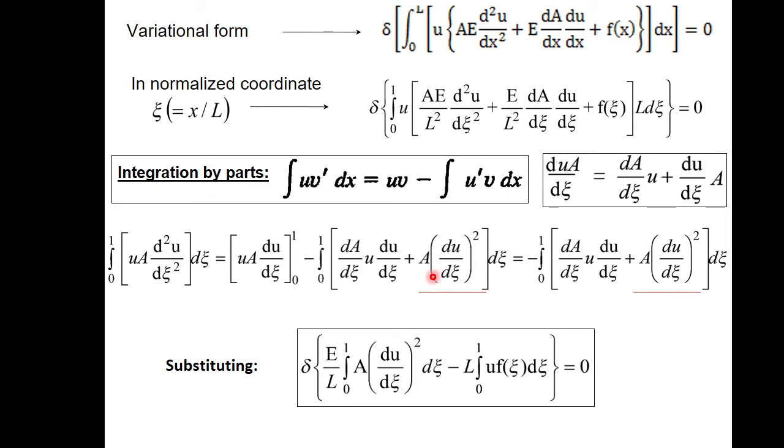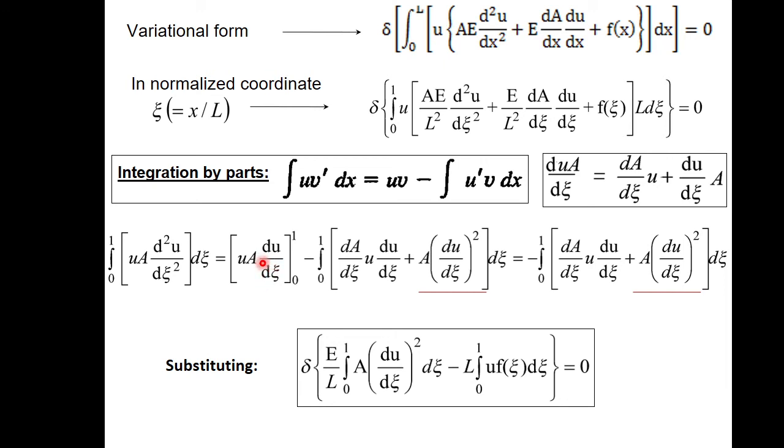So now from here, what are we getting? This is the derivative we are carrying out, right? u A d2u by dxi2, if we carry out this integration, it is integration by parts.